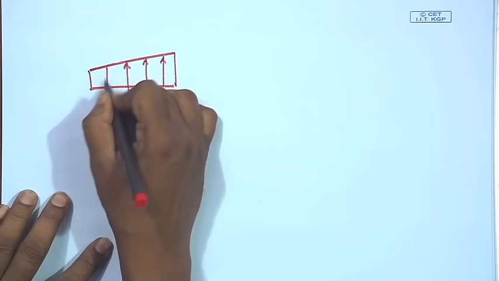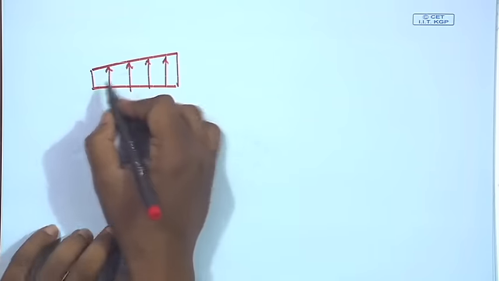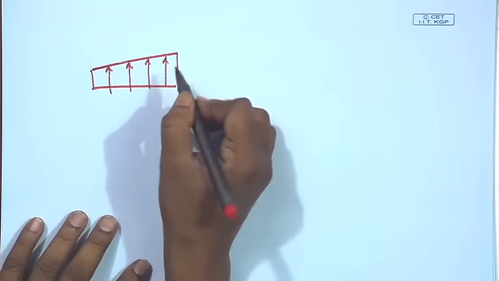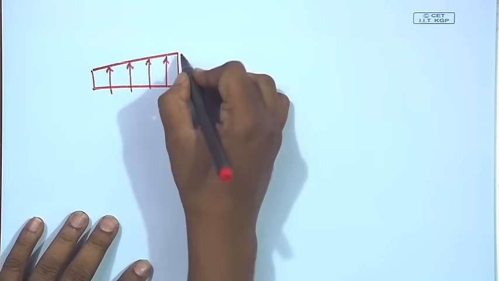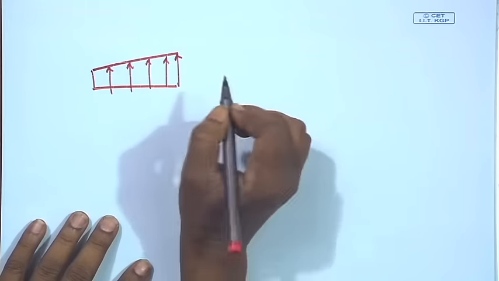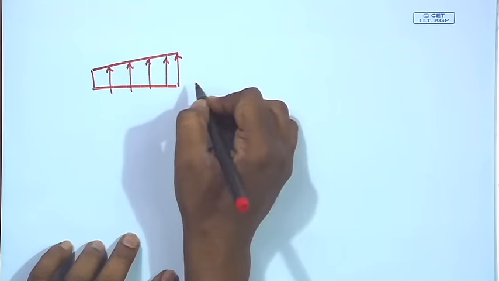Because in case of L by 6, the entire section will be under compression. Here the maximum pressure we have to find out.